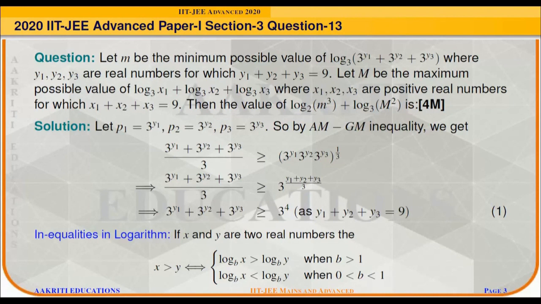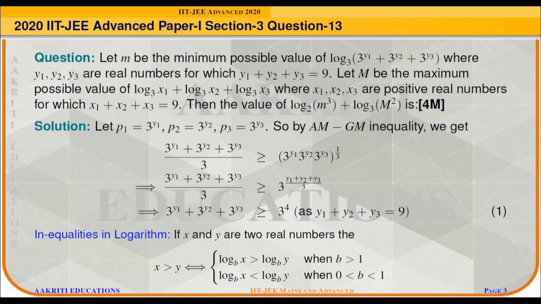Since y1 + y2 + y3 is given as 9, after simplifying, we will get 3^y1 + 3^y2 + 3^y3 is always greater than or equal to 3 raised to the power 4, as given in equation number 1.